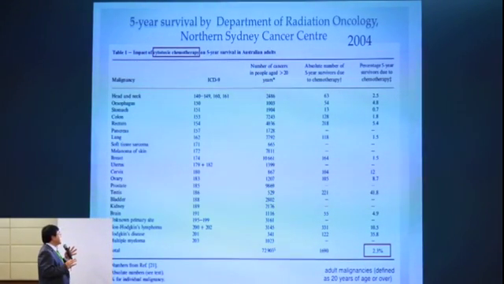Some experts argue that maybe the chemical therapy does not work on the patient. So in 2004, they made a statistic for patients with cancer who received chemotherapy.